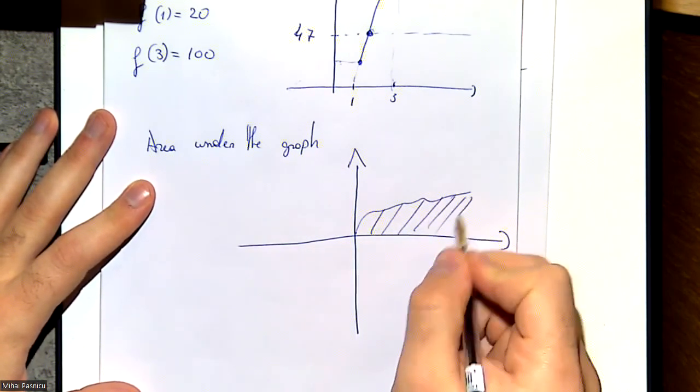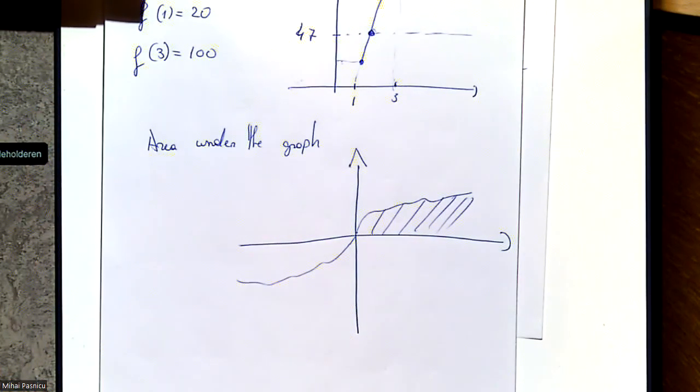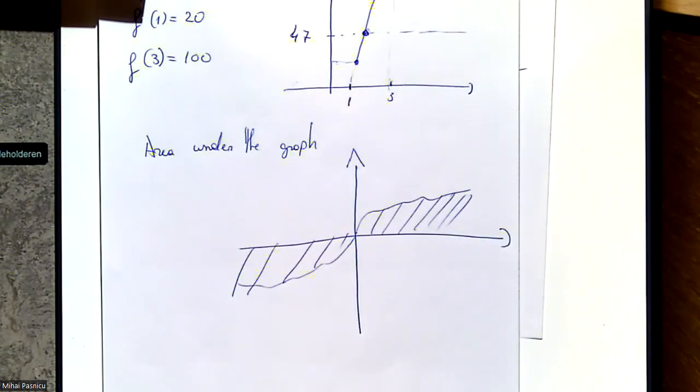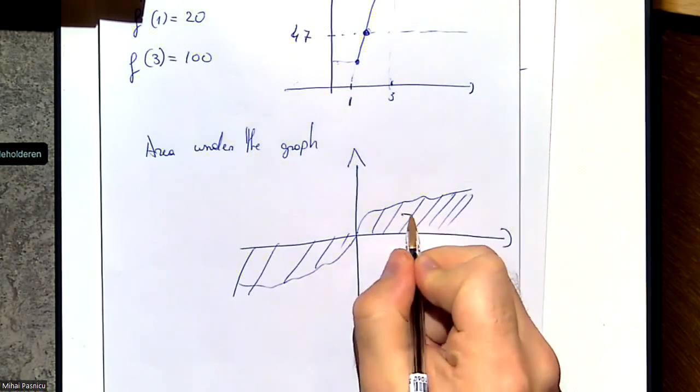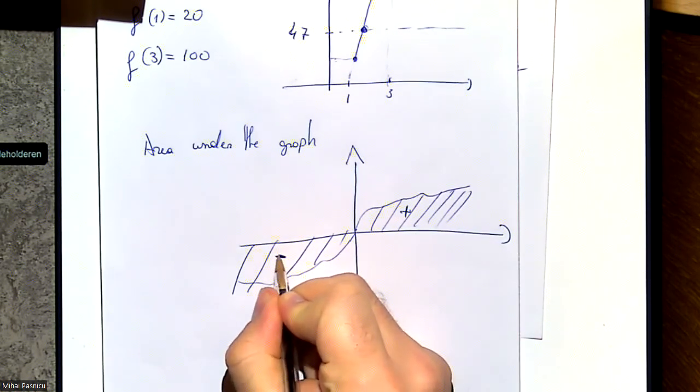This is your area under the graph. If the graph looks like this, then here comes the problem. The area under the graph here is this thing. I thought it's pretty clear. The idea in integrals is that this is positive, this is negative. So I thought this is pretty clear as well.